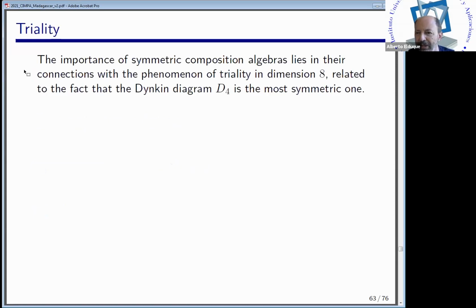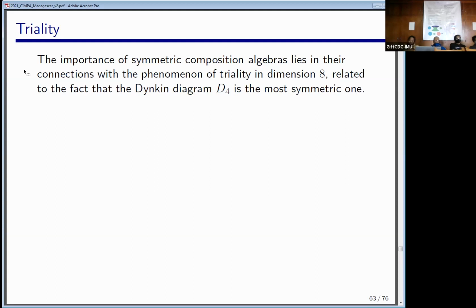And it is related to the Dynkin diagram D4 that has a central vertex and then 3 other vertices. Among Dynkin diagrams, this is the most symmetric. The symmetry group of this Dynkin diagram is the symmetric group of degree 3. For all the other Dynkin diagrams, at least corresponding to split simple algebras, either the symmetry is trivial, there are no symmetries, or the symmetry group is the cyclic group of order 2.